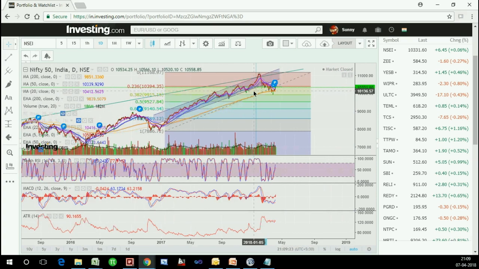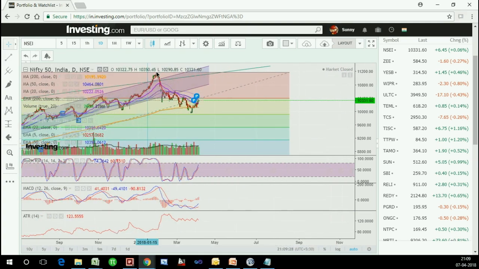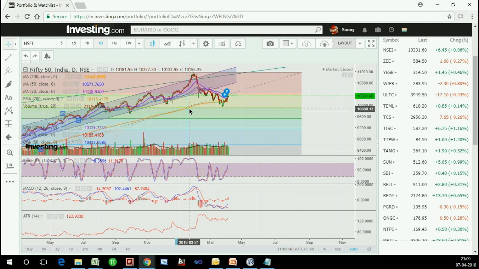If I look at Nifty 50 right now, I've opened this. There was a peak which it formed on 29th January, and after that it came down. So it has been in a downtrend, right? Is it clear, guys? Quickly, keep giving me responses so I know that I'm getting across to you, right?